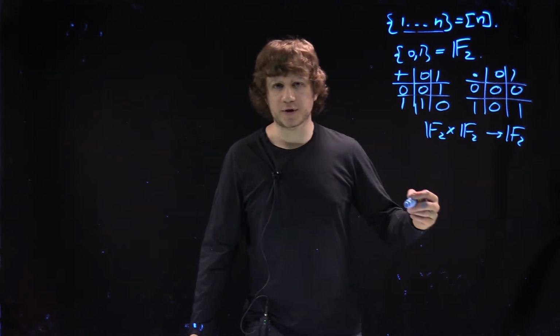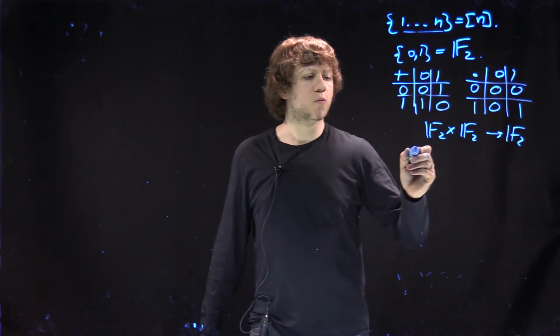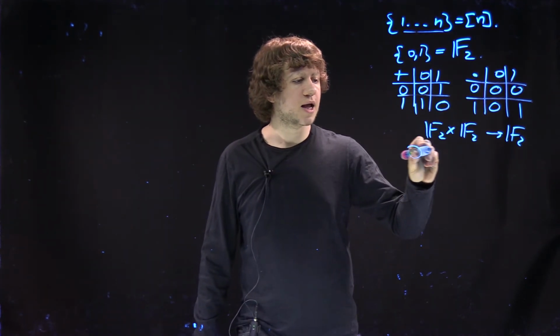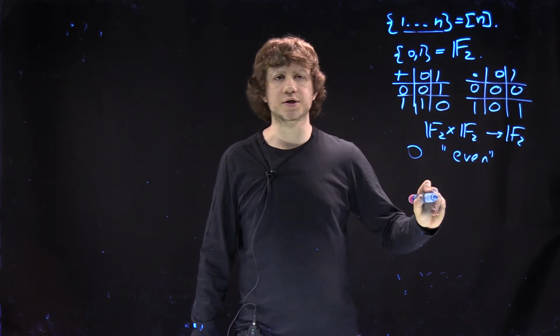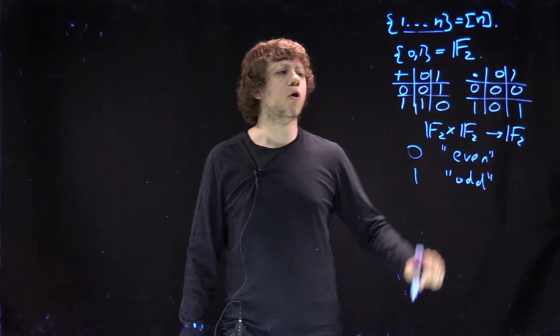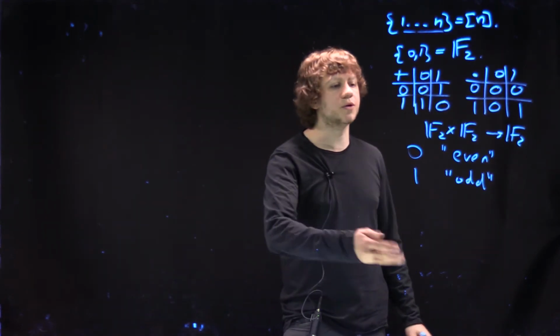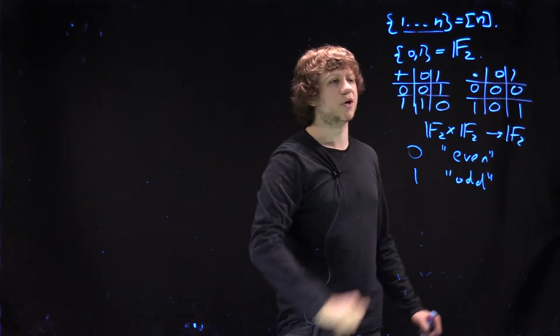So where did this come from? There are 2 interpretations, which you have probably seen, or at least one of them. One of them is that you can think of 0 as even numbers, for instance, thinking about integers, and 1 as odd. And then you know these rules: odd plus odd is even, even plus odd is odd, even plus even is even. So this reconstructs this part.